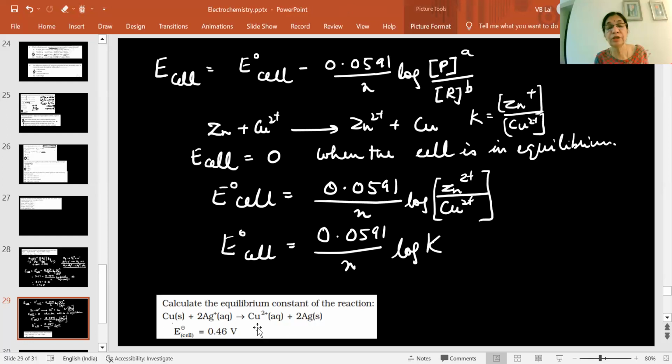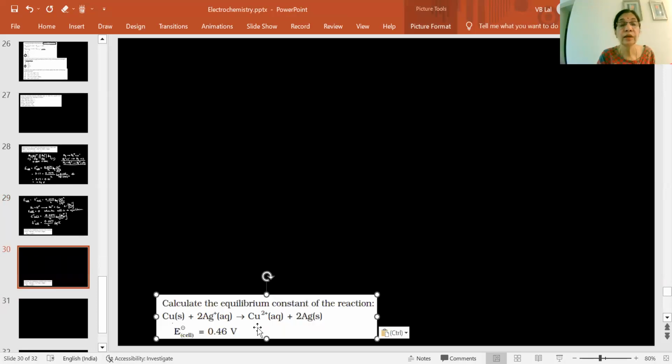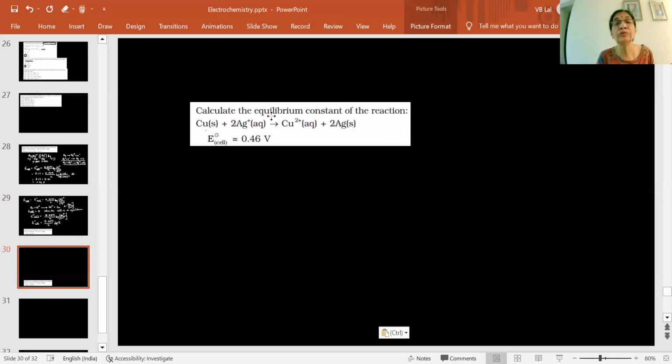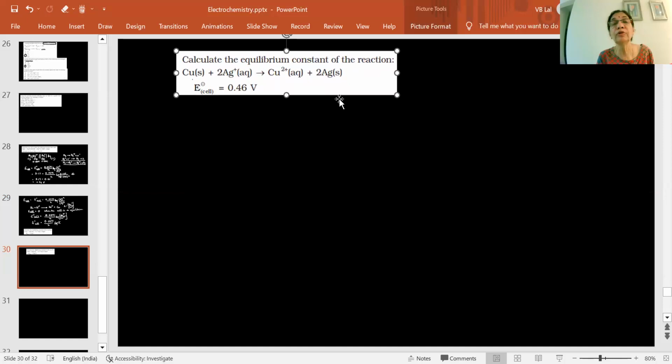So there is a small question. Let us try to do this question and find the equilibrium constant for this reaction. If you have to find the equilibrium constant of the reaction, obviously you assume that the reaction is in equilibrium. So how will we find it? The reaction is already given there.